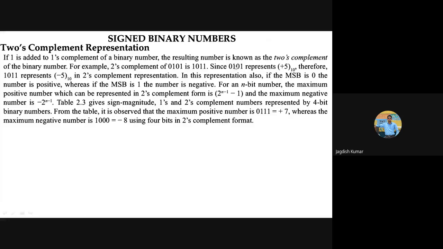So this will be +5, and in 2's complement representation, this second number, which is the 2's complement of this, will be -5. Now try to see the difference: in 1's complement, -5 is different, and in 2's complement, -5 is different.